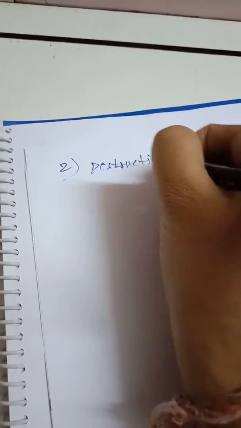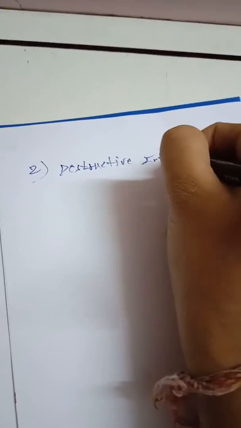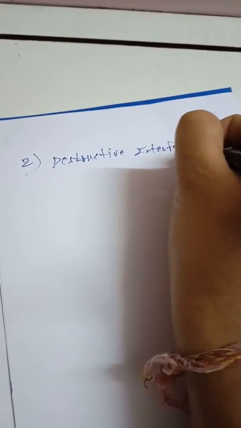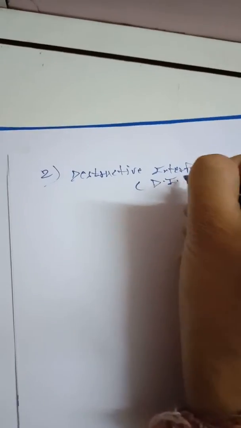So the second type is destructive interference, in short DI. So what happens in destructive?